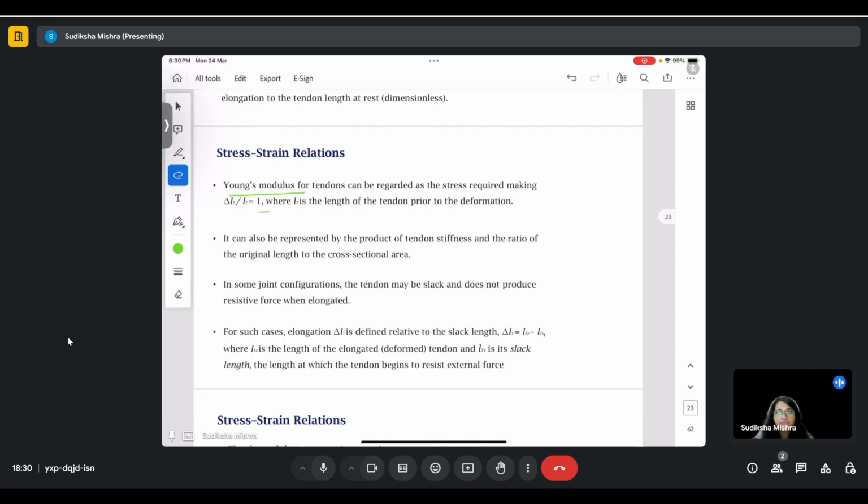You can also represent Young's modulus as the product of the tendon stiffness and the ratio of the original length to the cross sectional area. Both of these will give you the same value.